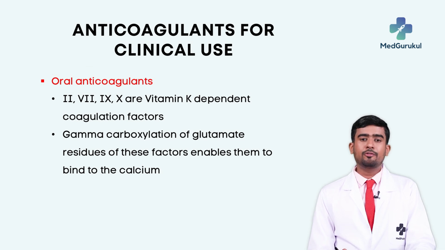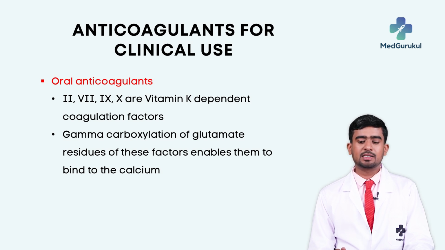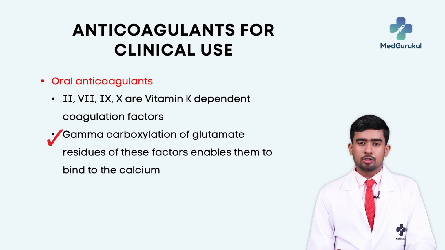So, first of all, we have to understand what the vitamin K dependent clotting factors are. Vitamin K is a most important vitamin which is needed for formation of clotting factors. The clotting factors which are dependent on vitamin K are 2, 7, 9 and 10. This is important for gamma carboxylation of glutamic acid residues.